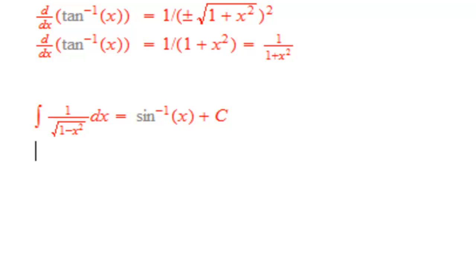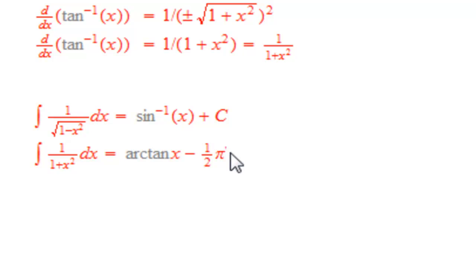And then what happens if we take the integral of 1 over 1 plus x squared? Well, you should know what's going to happen. That is the derivative of inverse tangent. So if I hit evaluate up here, we indeed get arctangent of x minus pi over 2. Huh, that's strange.